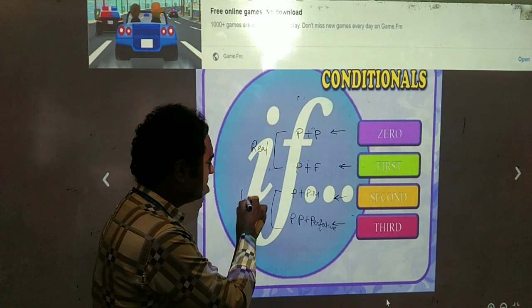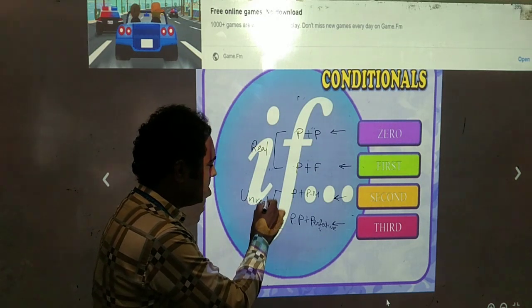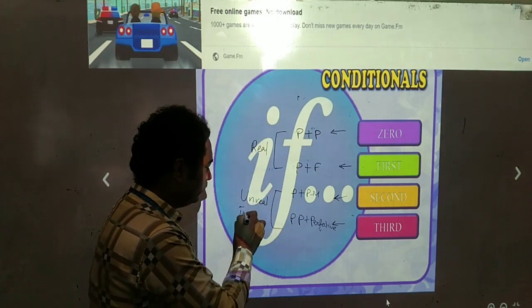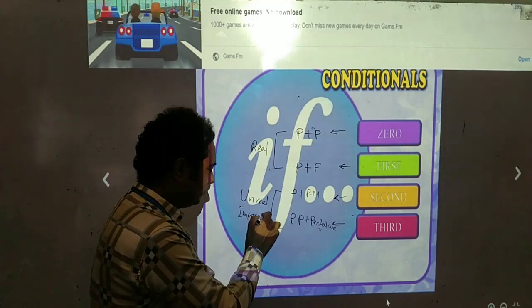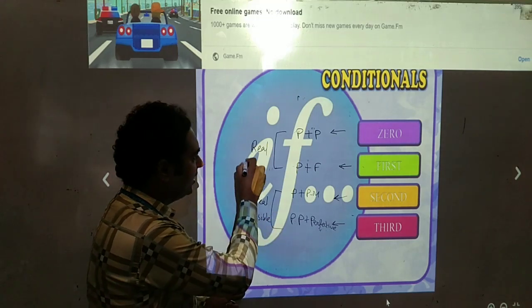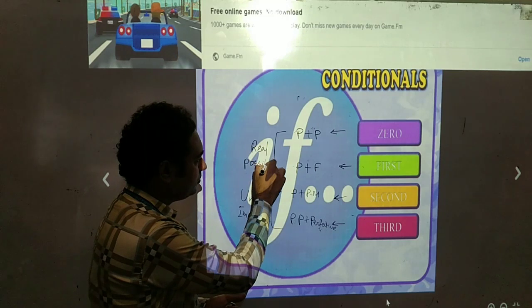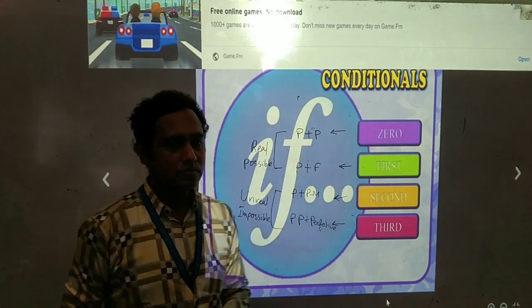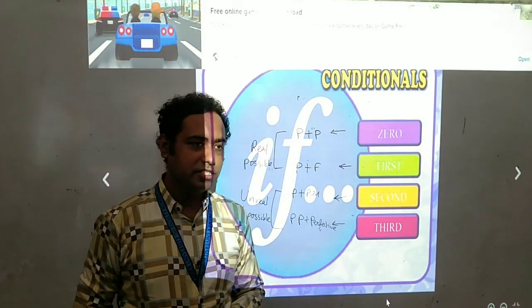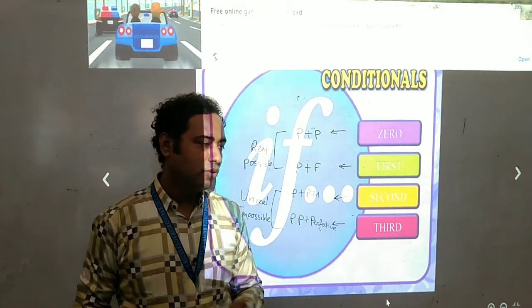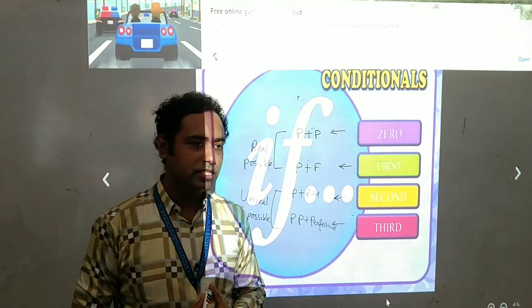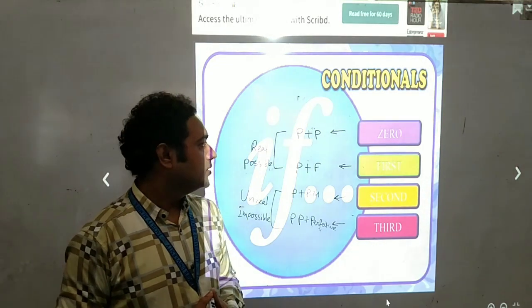And these are unreal and impossible, and real is possible. This formula is extremely important, and wherever you go, it will be applied over time.